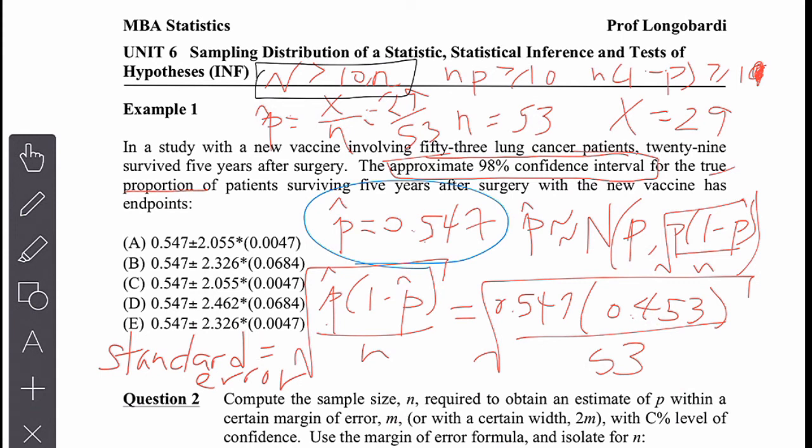So 0.547 times 0.453 divided by 53, equals, square root is, well, I'll make it smaller.